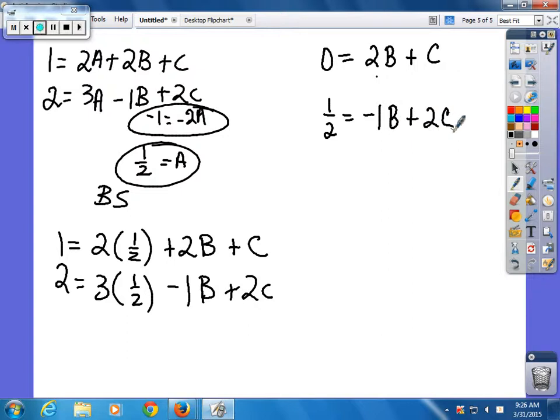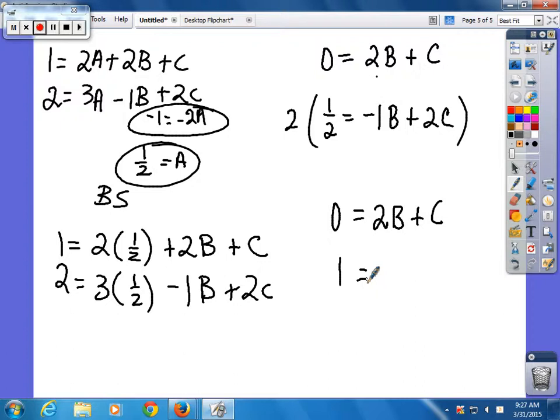Well, we got opposite signs right here, so I'm going to multiply this guy by what? I'm going to multiply by 2, so I can get a negative 2 right here. So 0 equals 2B plus C, and this one, what's 2 times 1/2?